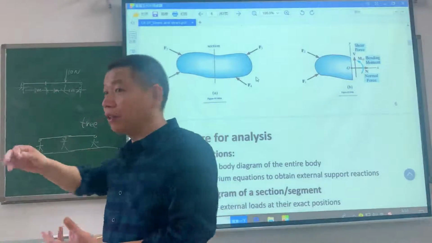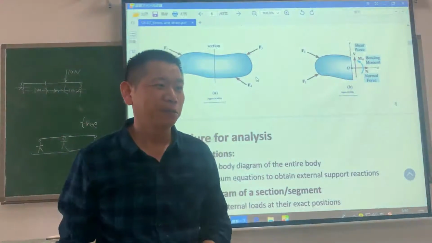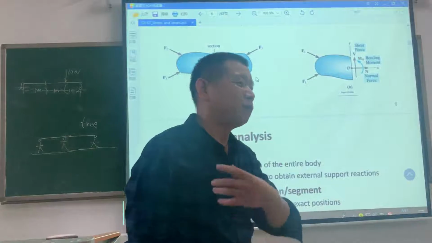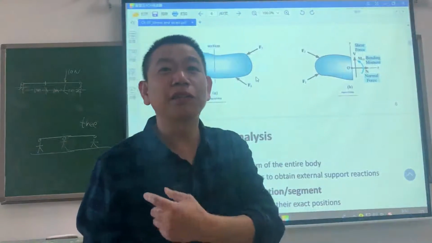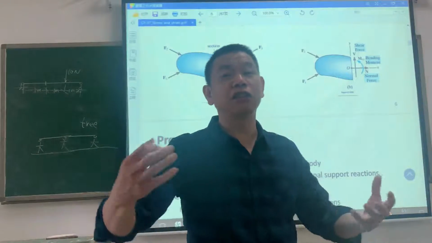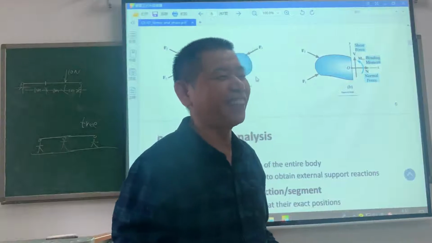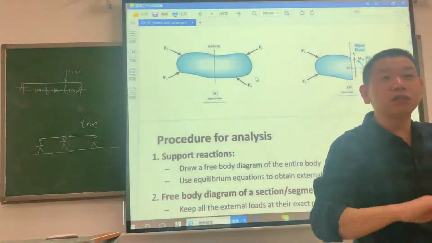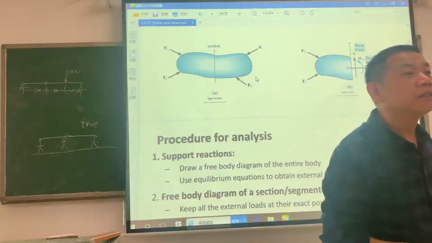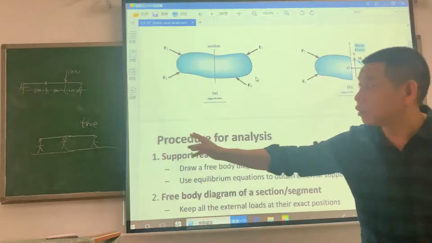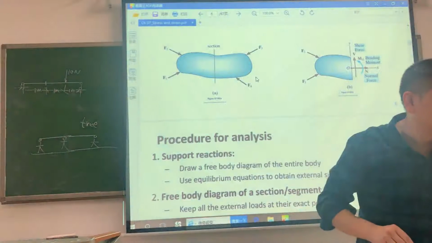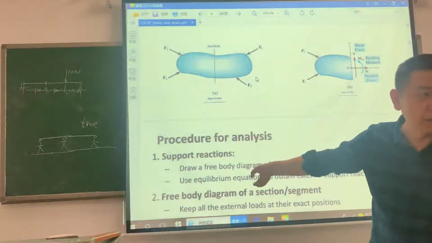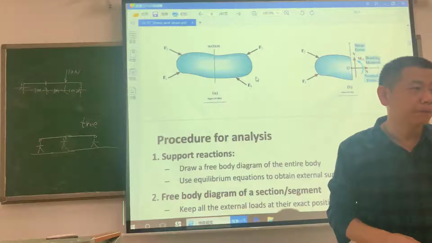If the middle person is too tall, he will be very, very tired. If he is too short, he does nothing. So this problem is too difficult. We can't solve the problem in statics, but we can solve it in mechanics of materials.